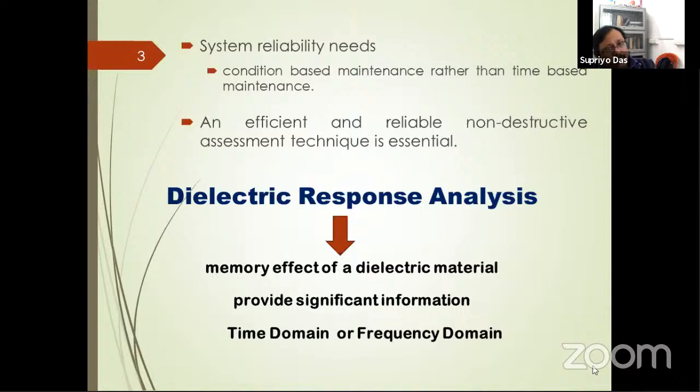So if you are looking for reliable non-destructive assessment, dielectric response analysis is one of the most reliable assessment techniques. Basically, it takes care of the memory effect of the dielectric material.